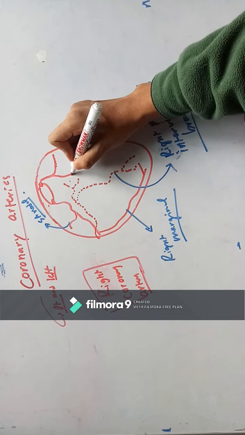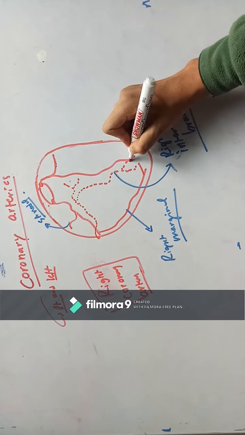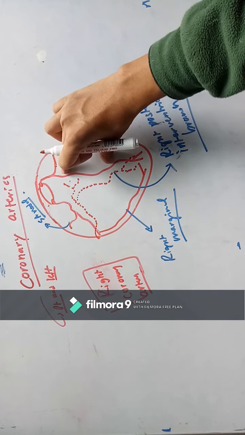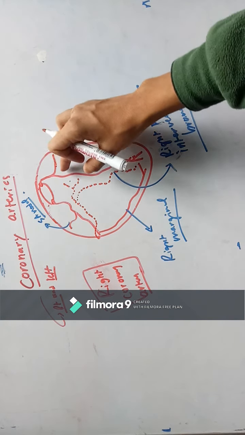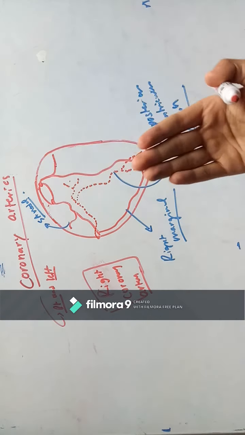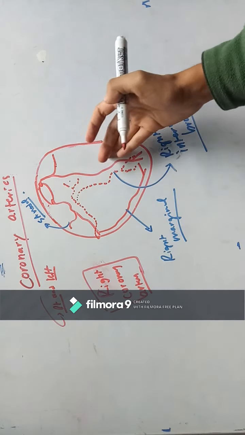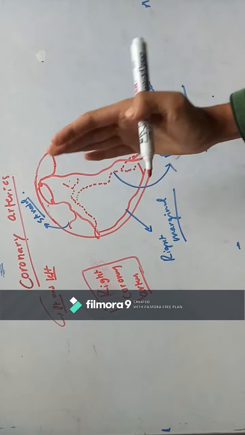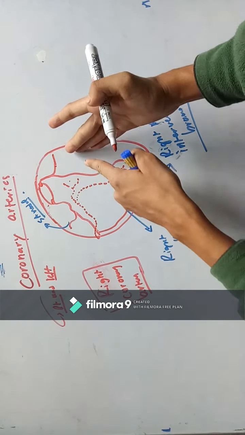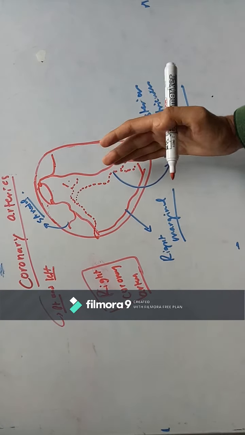At this point it gives two branches. One of the important branches is this one, the anterior descending interventricular branch. Anterior because it is towards the front part. This line is not dotted, right? So it goes along the interventricular groove. This is the right ventricle, this is the left ventricle, and it goes along the interventricular groove.